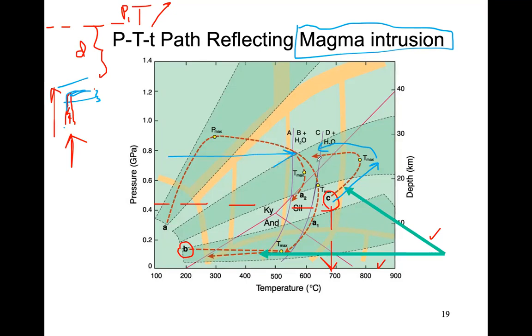There you don't see any further pressure variation, because the rocks are there at depth already, and magma intruded, temperature increased, and pressure slightly increased because of this mass of magma. But from there onwards, there is no way for the rock units to go up and down, right? They are still at depth. No erosion has taken place yet. Therefore, the pressure which was prevailing there is still the same.